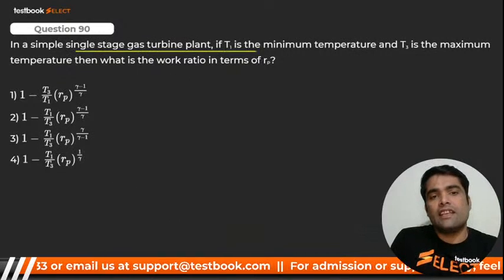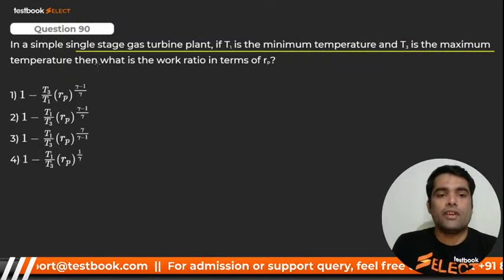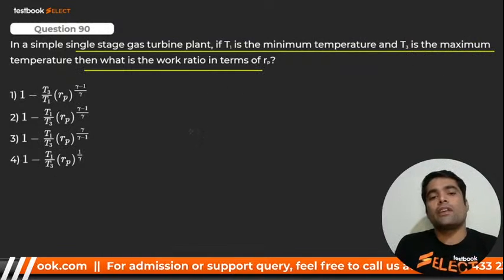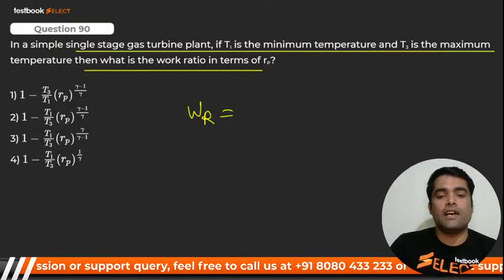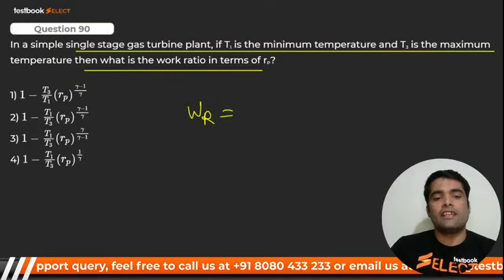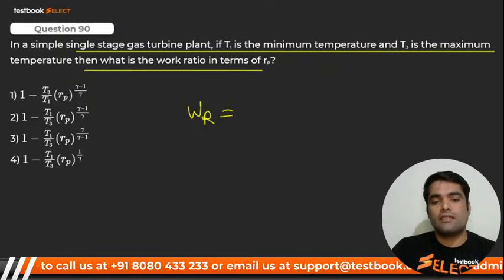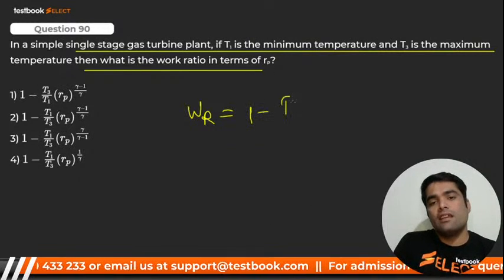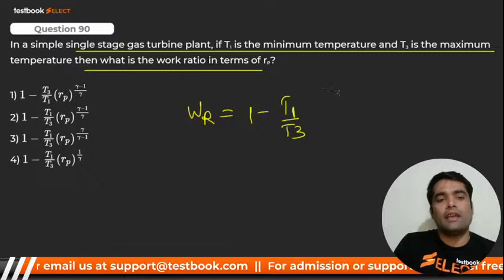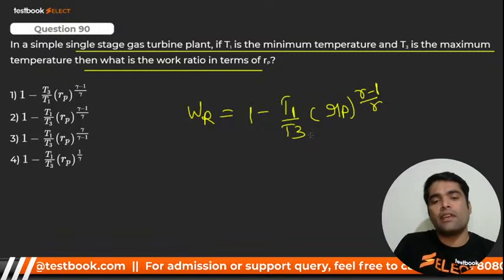For the simple single stage gas turbine, T1 is minimum temperature, T3 is maximum temperature, then what is the work ratio? Work ratio क्या होगा बच्चा? Guys, be fast, tell me the answer for it. It is none other than, my dear, what? 1 minus, क्या होता है? 1 minus, we have done the derivation, T1 by T3 into RP raised to power gamma minus 1 upon gamma.